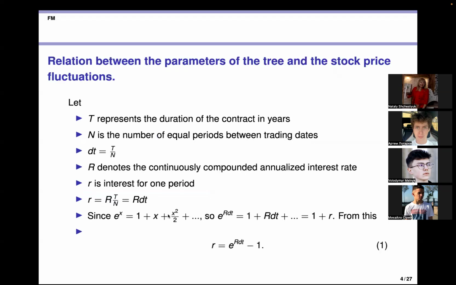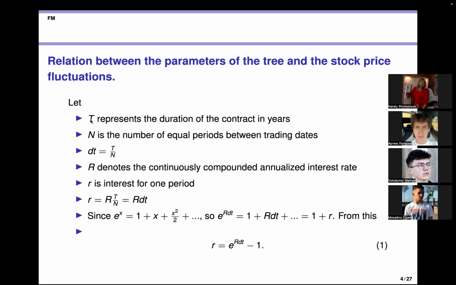Okay, so we start with assumptions. Let capital T represent the duration of the contract in years. For example, if T is 3 months, it is 1/4 of a year. Capital N is the number of equal periods between trading dates.